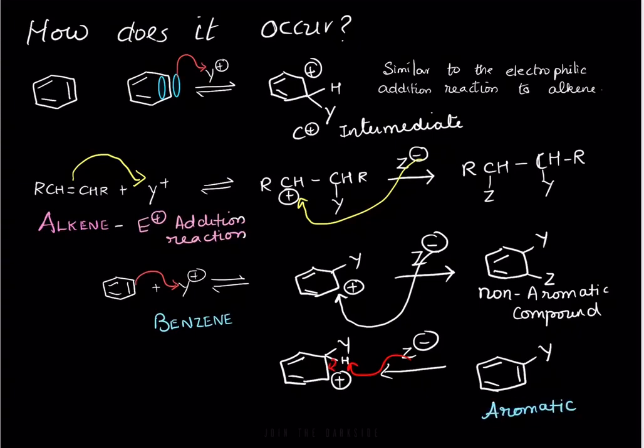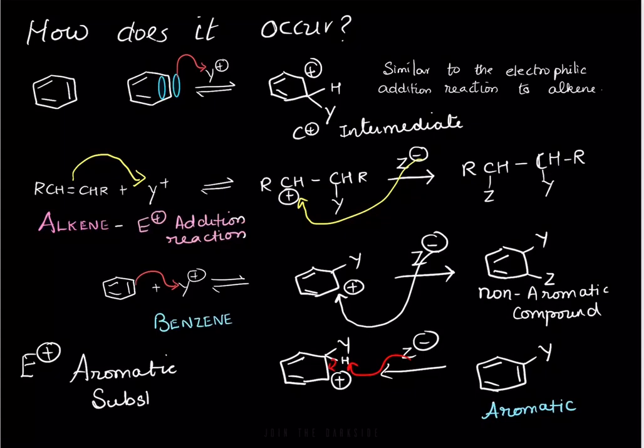The type of reaction that benzene undergoes is electrophilic aromatic substitution. And why substitution? Because the hydrogen is replaced for the electrophile. So the hydrogen right here is replaced for an electrophile.